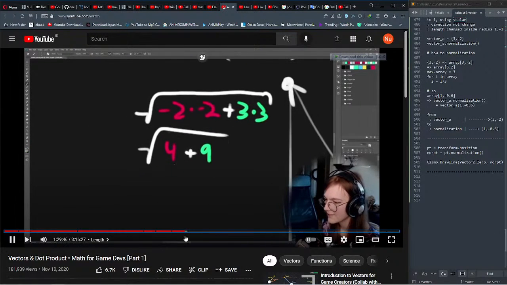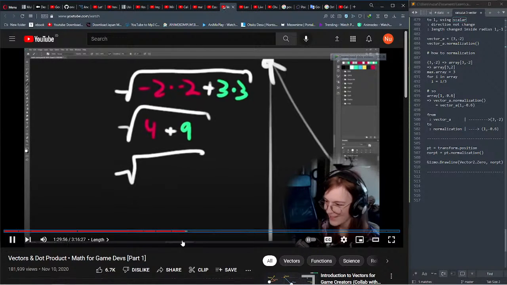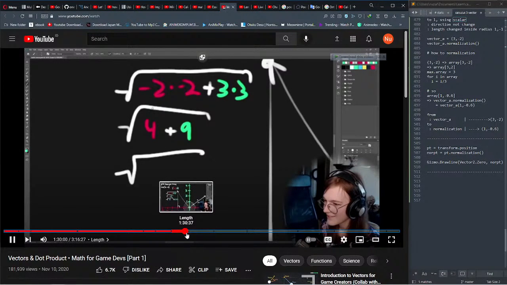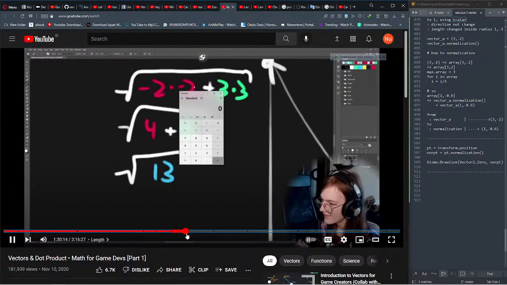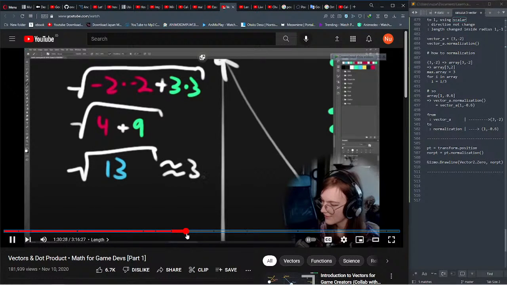So 4 plus 9 is 13. I'm really bad at doing math in my head, but I'm pretty sure that's 13. The square root of 13 turns out to be about 3.6.